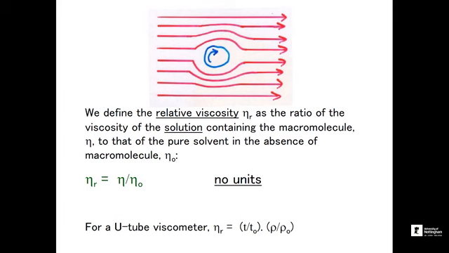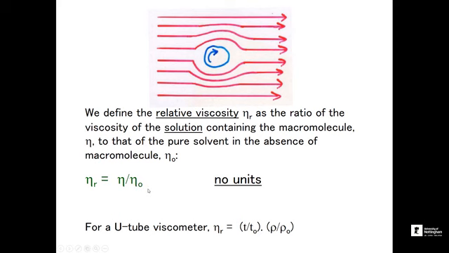So in the alphabet it's alpha, beta, gamma, delta. No, epsilon. That's equivalent to E, isn't it? So eta is equivalent to our H in the alphabet. ETA, which also stands for estimated time of arrival. Good. So eta relative, eta R, is just the viscosity of the solution divided by the viscosity of the solvent.